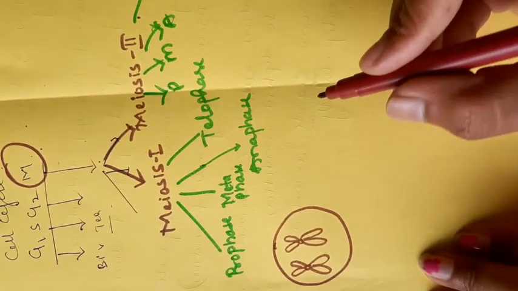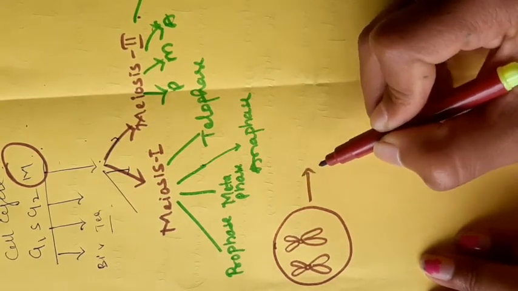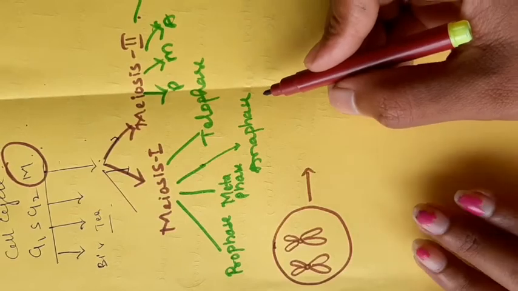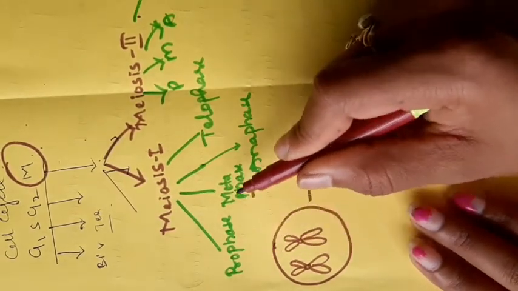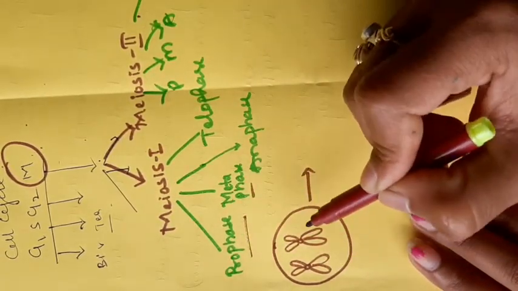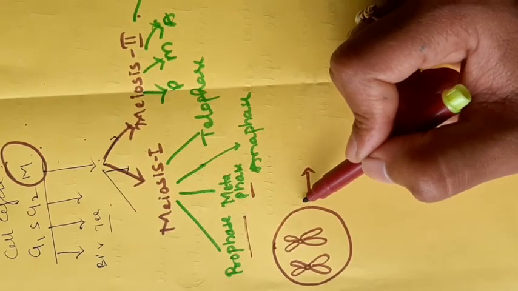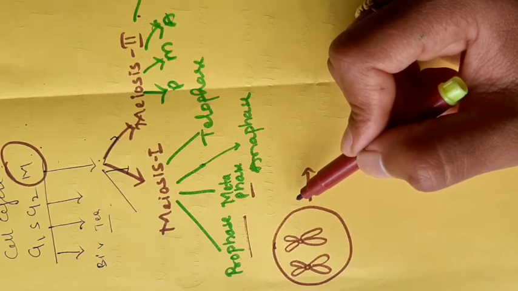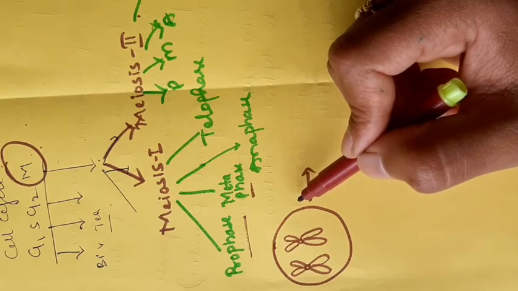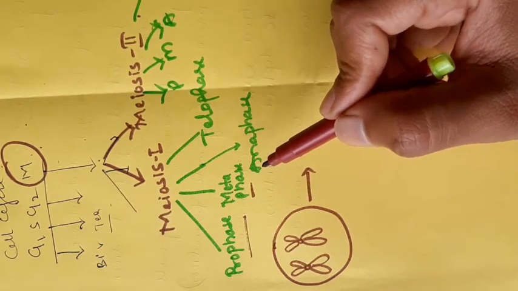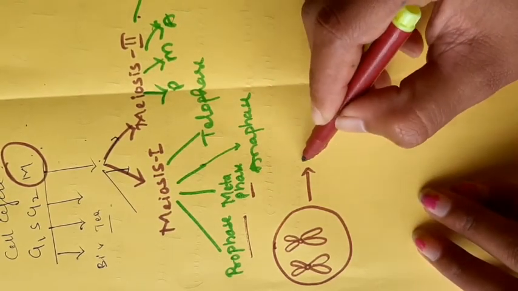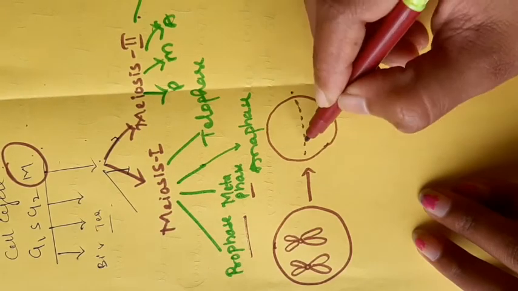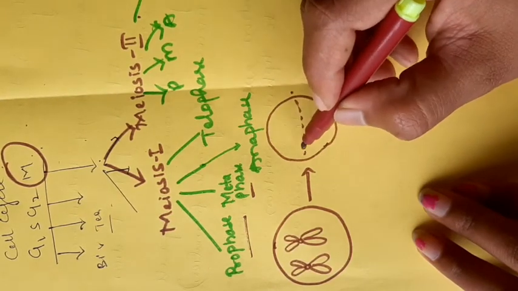Then during meiosis, in prophase, nothing changes for the chromosome, only the nucleolus disappears and the cytoplasmic organelles are doubled. Here in the metaphase, the chromosomes are arranged on the metaphase plate. These are going to be arranged like this.